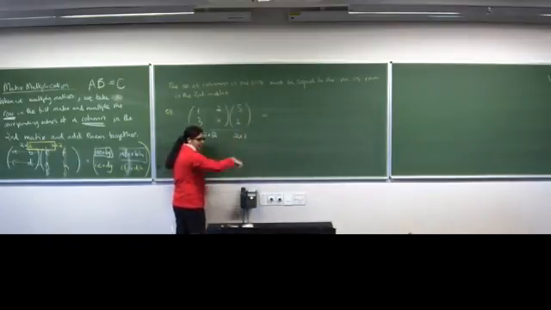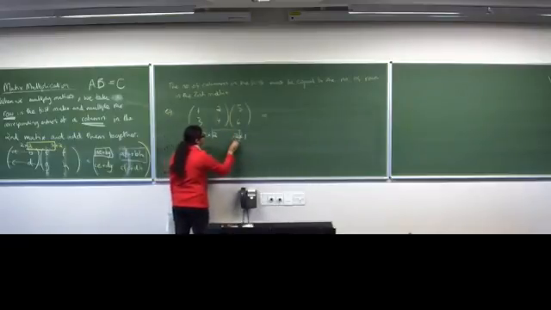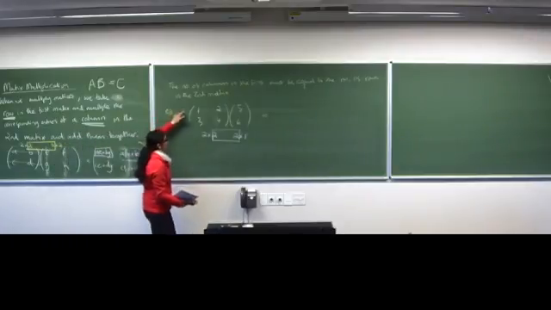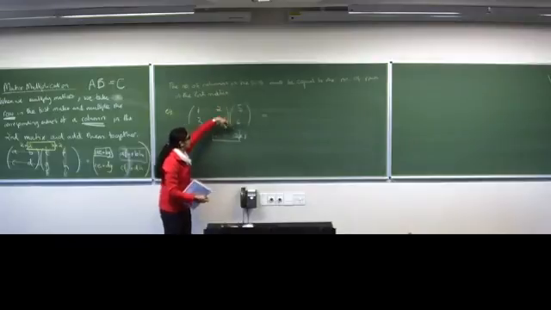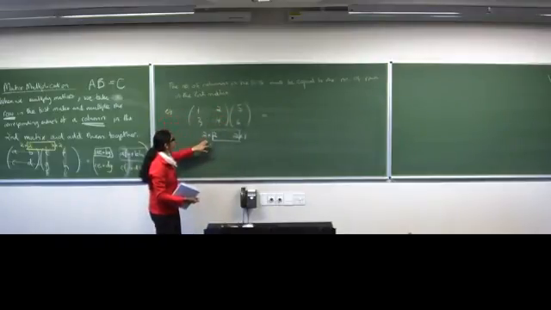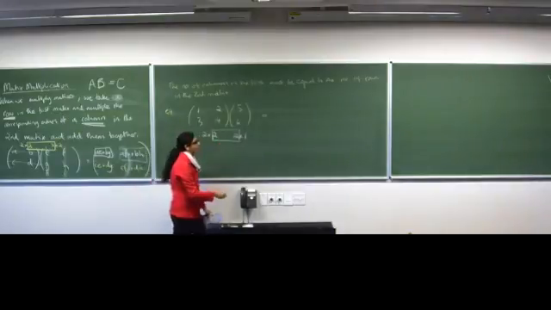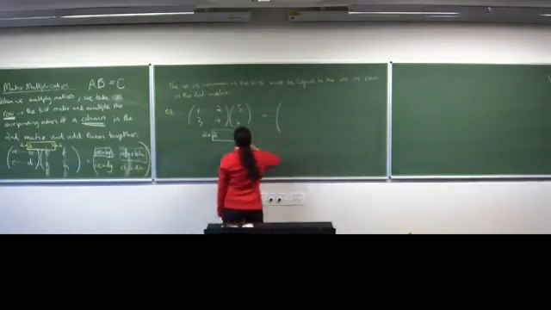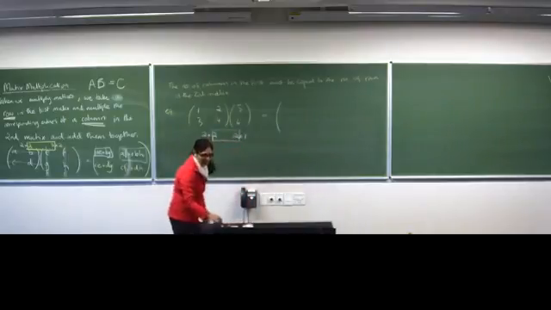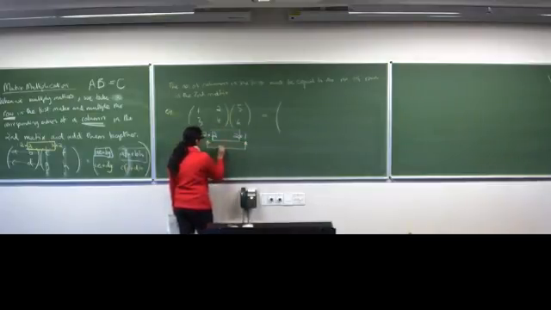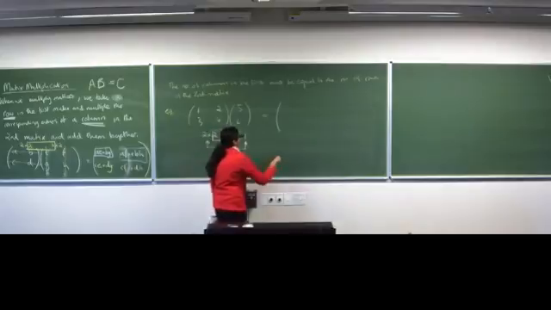How many rows by columns? That's how we talk about it. We talked about this yesterday. So these are the rows, these are the columns, right? So it's a 2 by 2 matrix here, 2 rows, 2 columns. Here we have 2 rows, 1 column. So these two are equal. So we can. So I end up with a 2 by 1 matrix. So I'm expecting a 2 by 1 matrix.